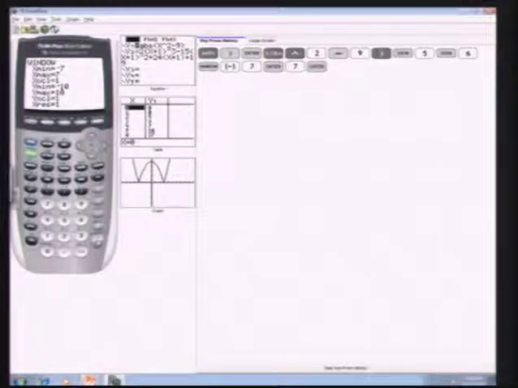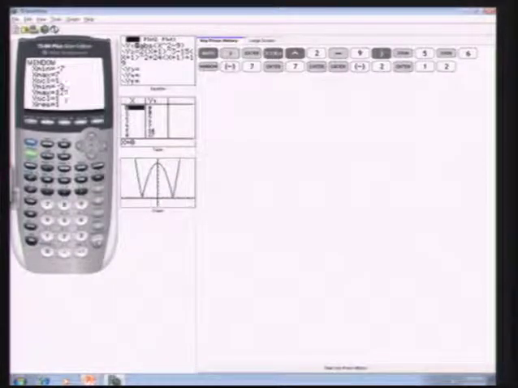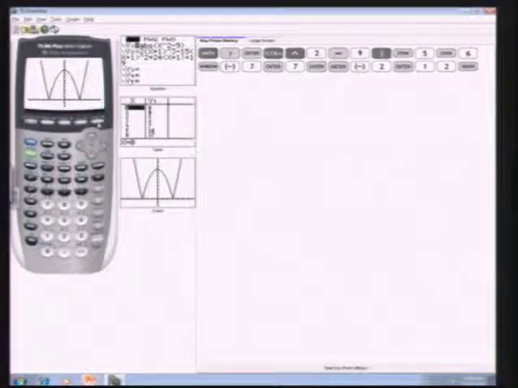And I'm going to leave the x scale at 1. Each tick mark is 1. I want my y minimum to be -2. My y maximum to be 12. And each tick mark can stay at 1. So now let's graph this. And we see a little bit bigger version of what we had a few minutes ago.